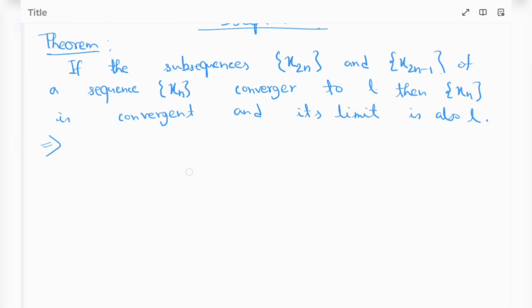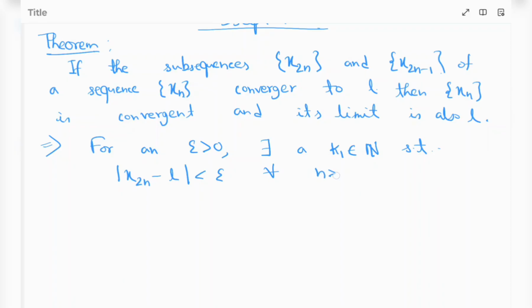So if your x2n is converging to L, you know the definition, right? So let's write this. For an epsilon greater than 0, there exists a k1 belonging to the natural numbers such that |x2n minus L| is less than epsilon for all n greater than or equal to k1.